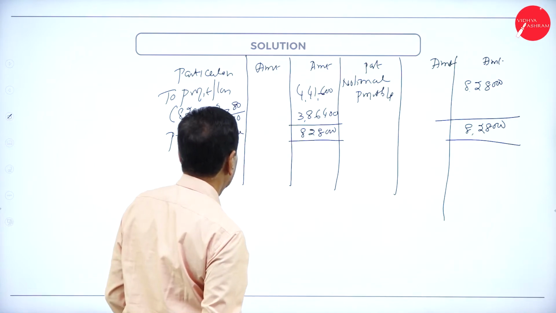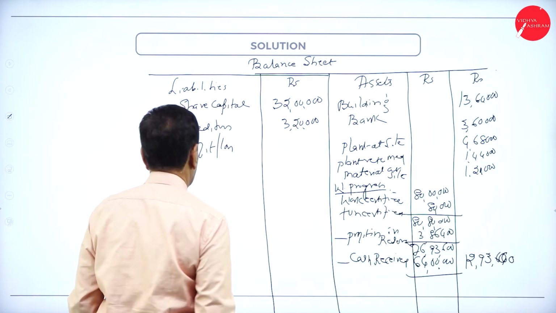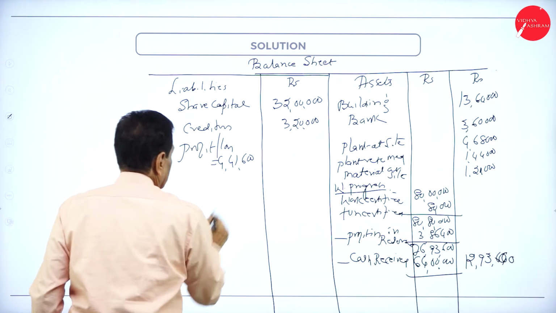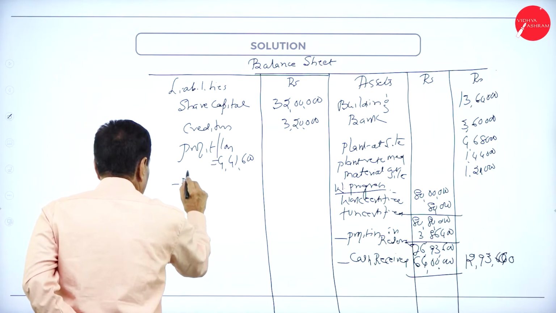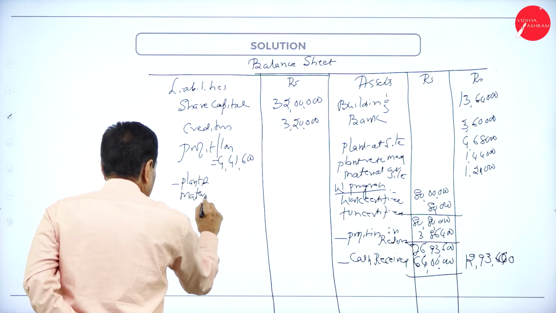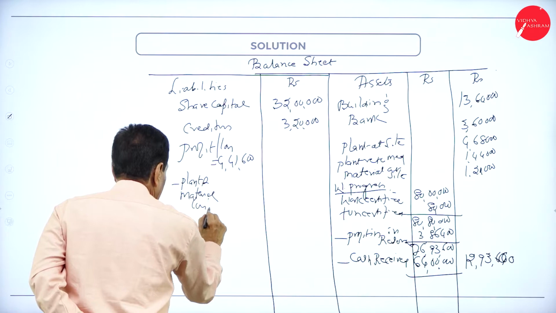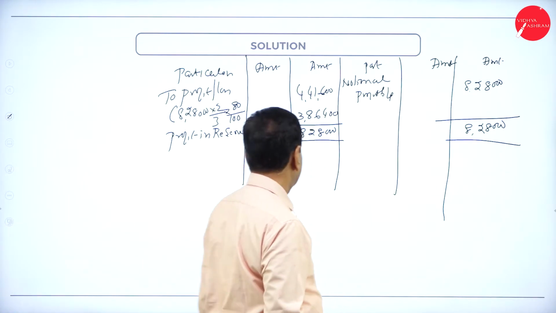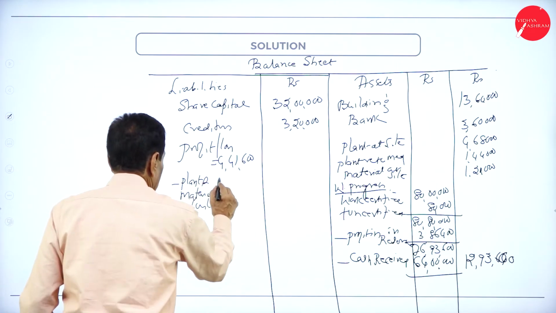What's the profit? 4,41,600 minus plant and material lost. This is 2,16,000.